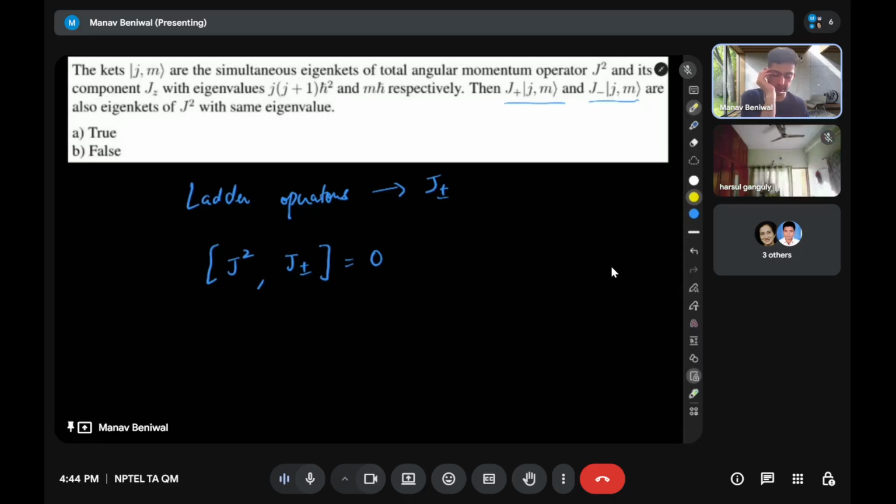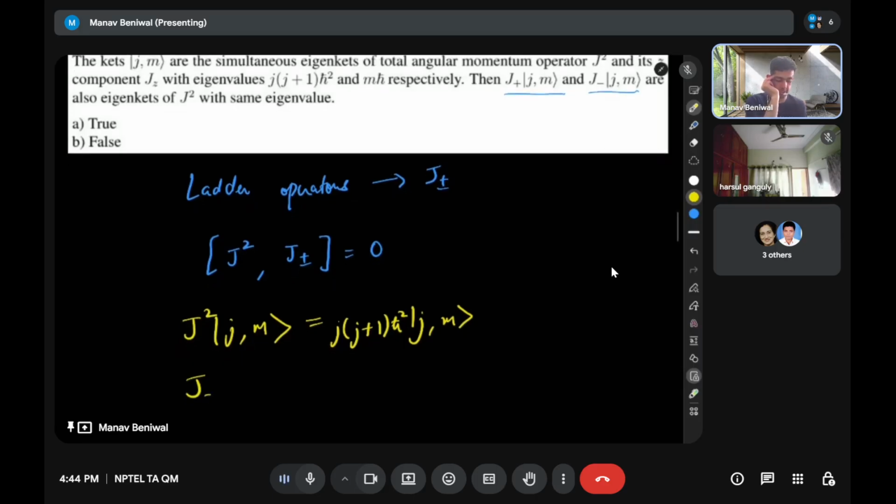We are given these kets, j comma m. These are eigenkets of total angular momentum. If I operate j squared on this, I'll get this same state, but I'll also get an eigenvalue like this. And these are also eigenkets of jz.